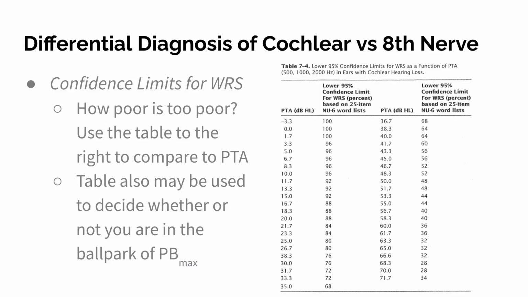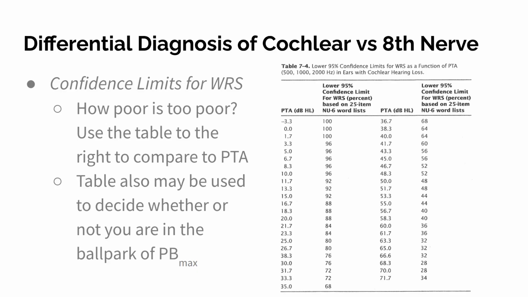If you have a PTA of 50 dB, your score should be no worse than 48% correct. If you have a PTA of 60 dB, your score should be no worse than 36% correct. If it is worse than the lower limits of these 95% confidence limits based on your PTA, then that would be a reasonable reason to refer out.